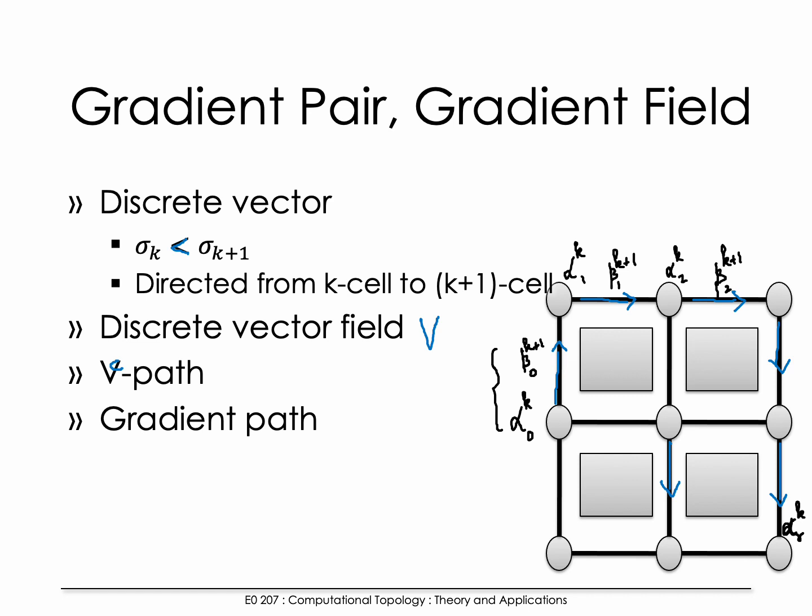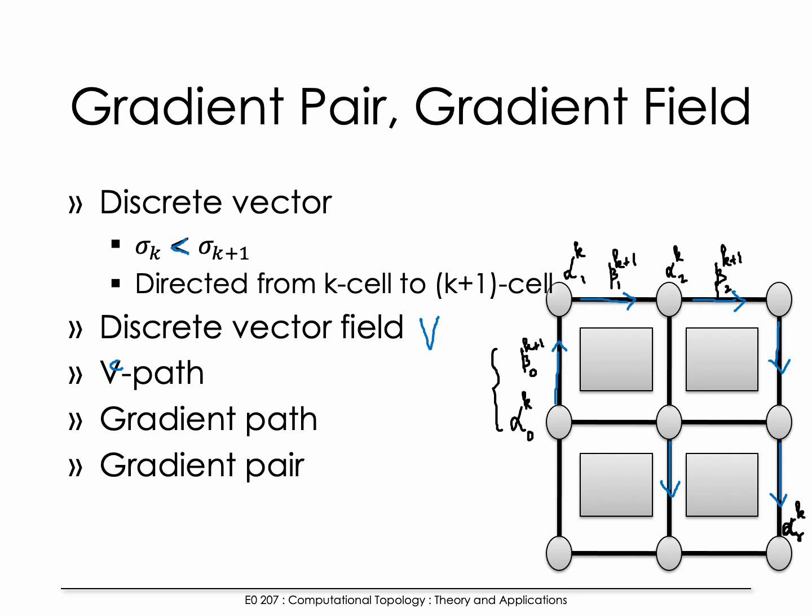So that's kind of intuitive. We want a monotonic path that strictly goes in one direction. There are no cycles. Such a V path is called a gradient path. Any vector within this gradient path is called a gradient pair.